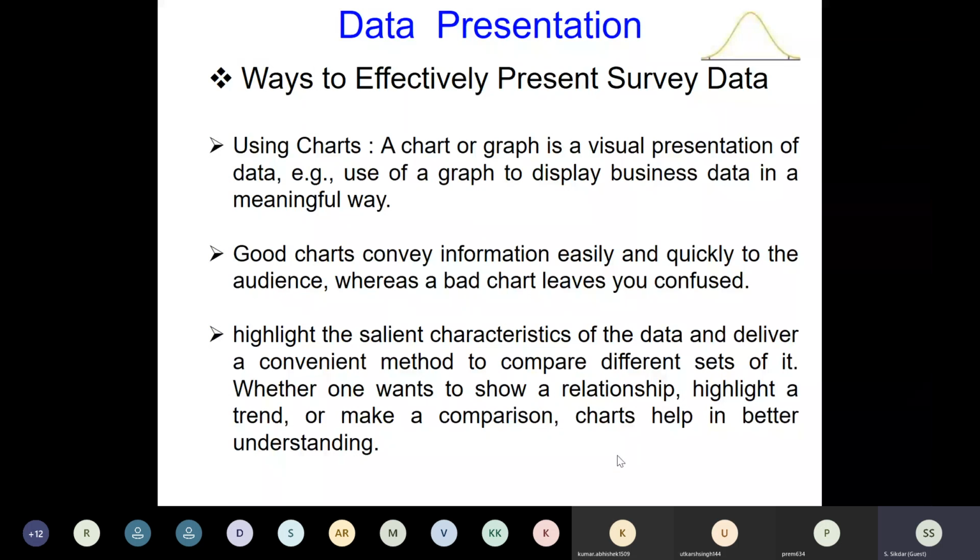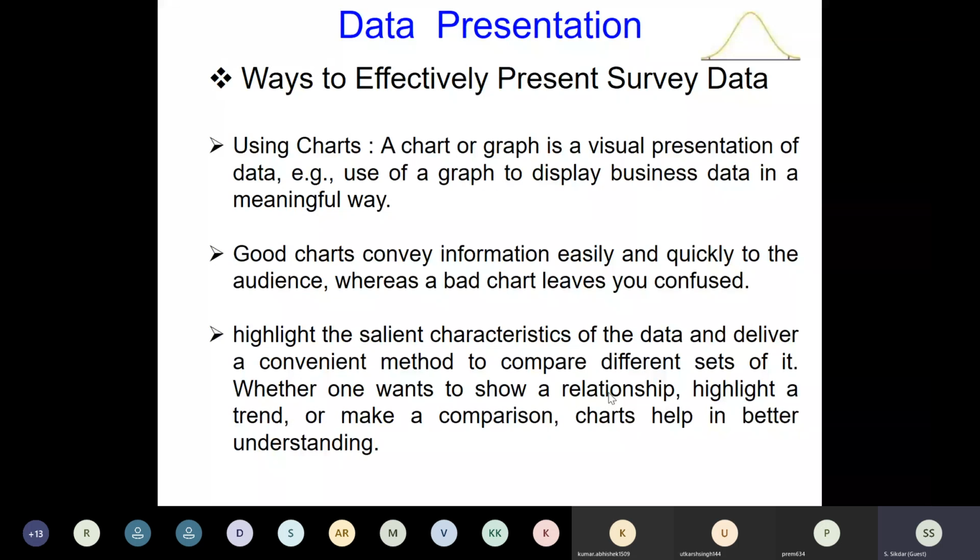Okay. Now, why do we use a chart? The reason is that it is a visual presentation of data, because whatever is visual makes a permanent impression in our mind, and it gives information about the business data. Business data means, if you are working in a plant or anywhere, and you see so much data in some table or notebook, it doesn't make sense to you.